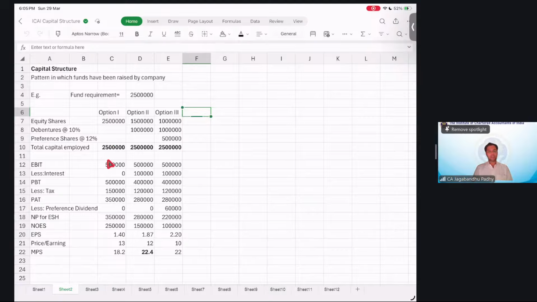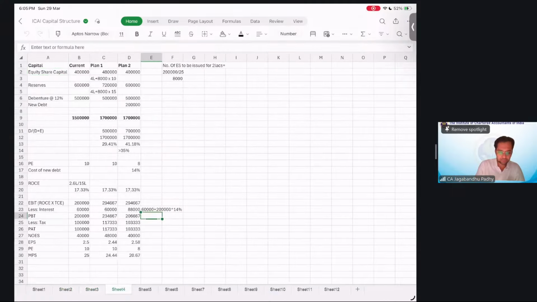Based on the plan, you calculate your EBIT, PBT, PAT, net profit, and then the EPS. So generally, we choose the plan which provides a higher EPS. And if the P/E ratio is also given, then we go down to another level where we choose the plan which has the highest MPS.